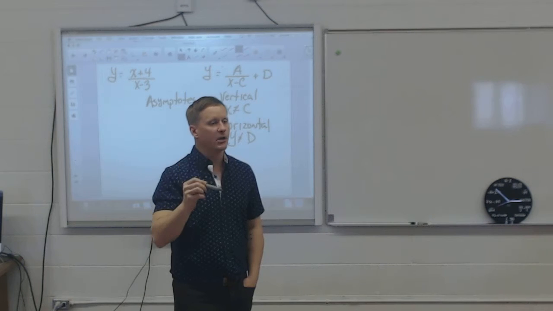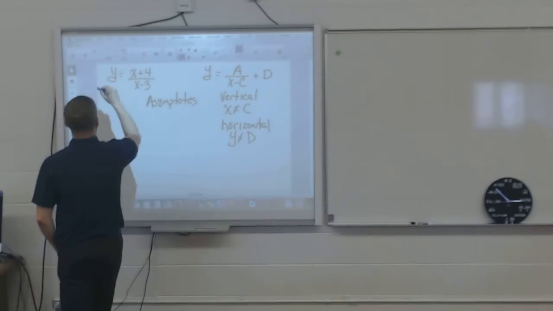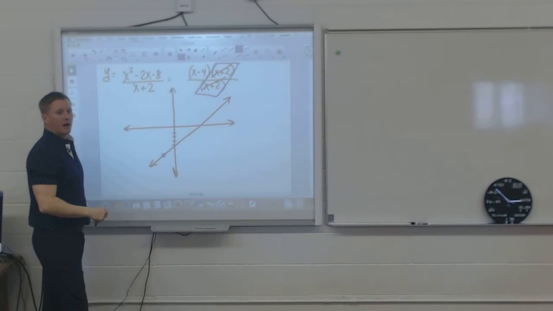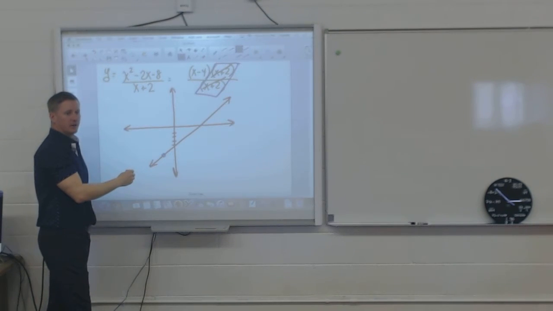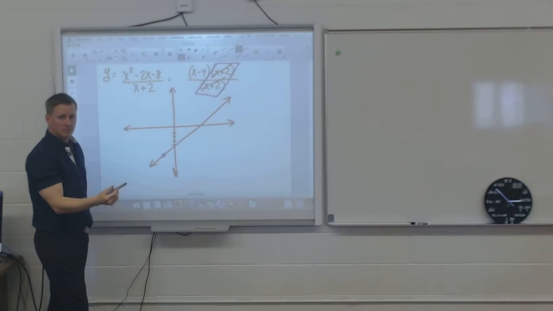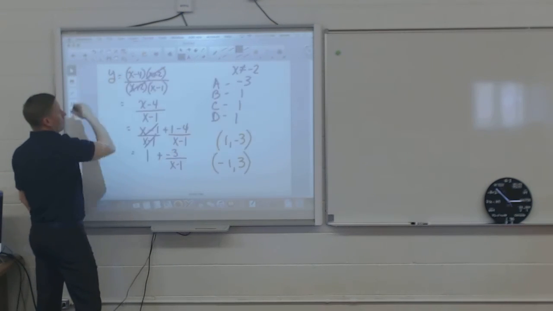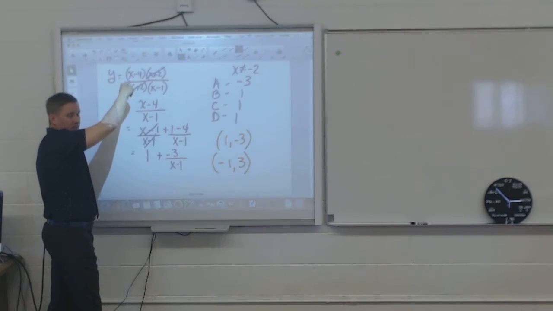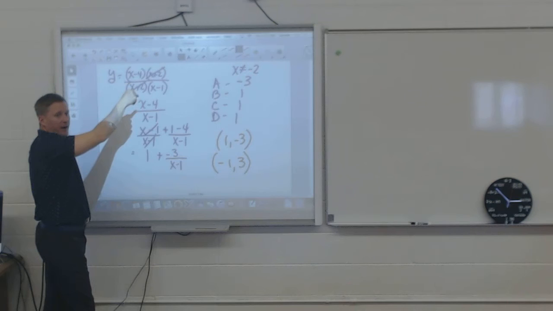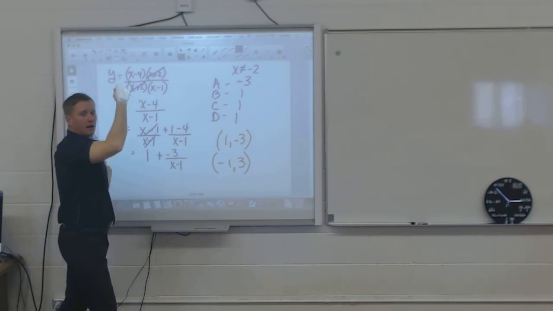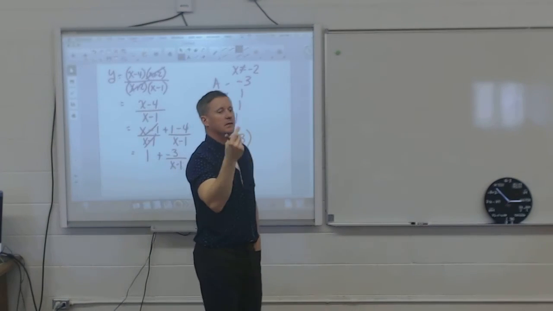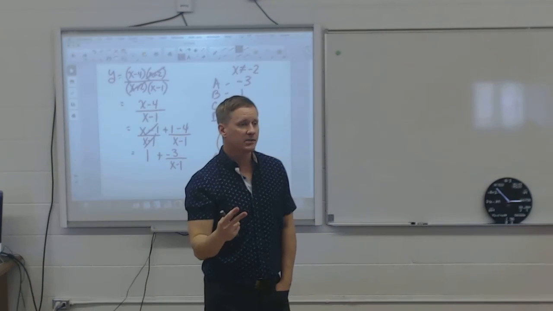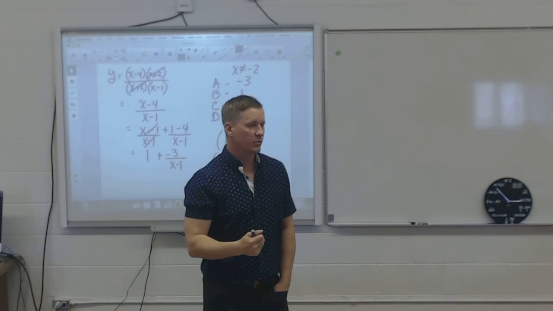When there's at least one common factor on the numerator and on the denominator, such as this, I have a point of discontinuity. When I have at least one factor that cancels, but I'm left with other factors, I have asymptotes and a point of discontinuity. And all of these things are stemming from y equals 1 over x.